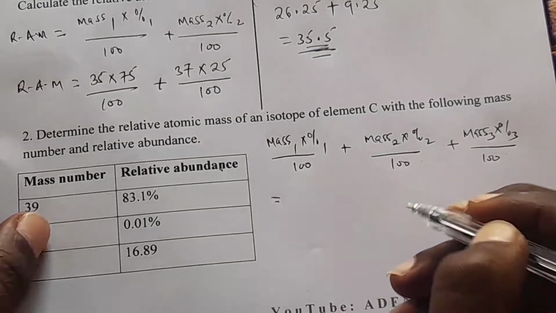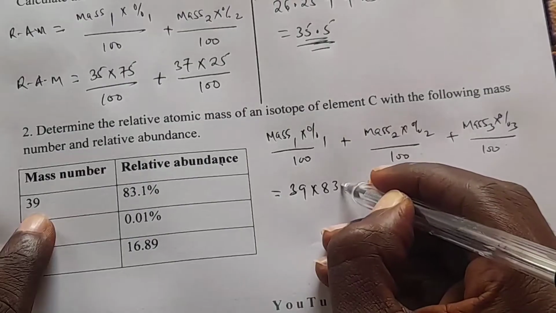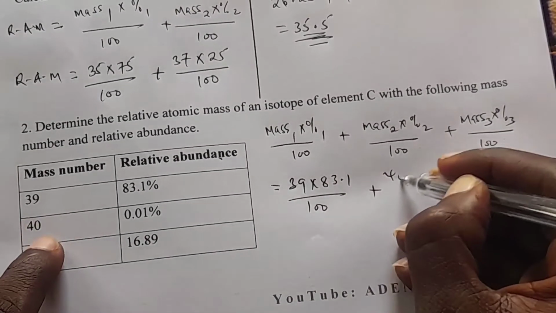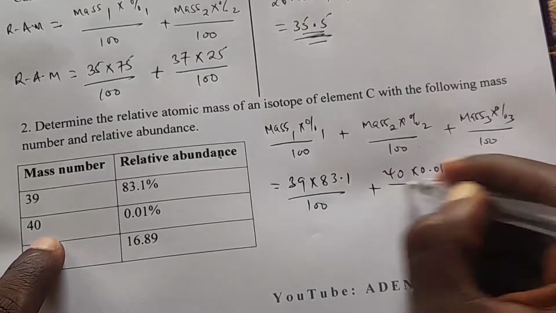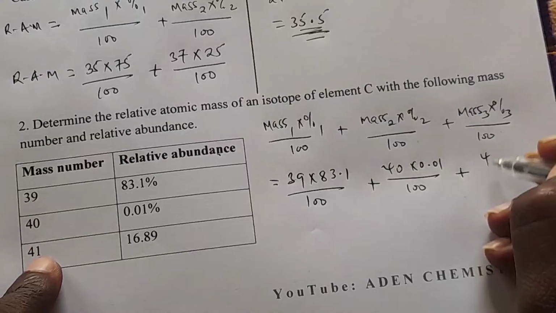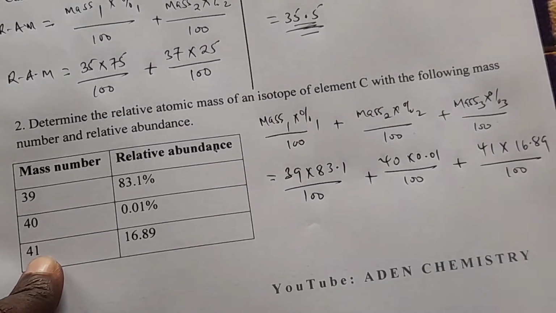So we get 39 times 83.1 over 100, plus 40 times 0.01 divided by 100, plus 41 times 16.89 divided by 100.